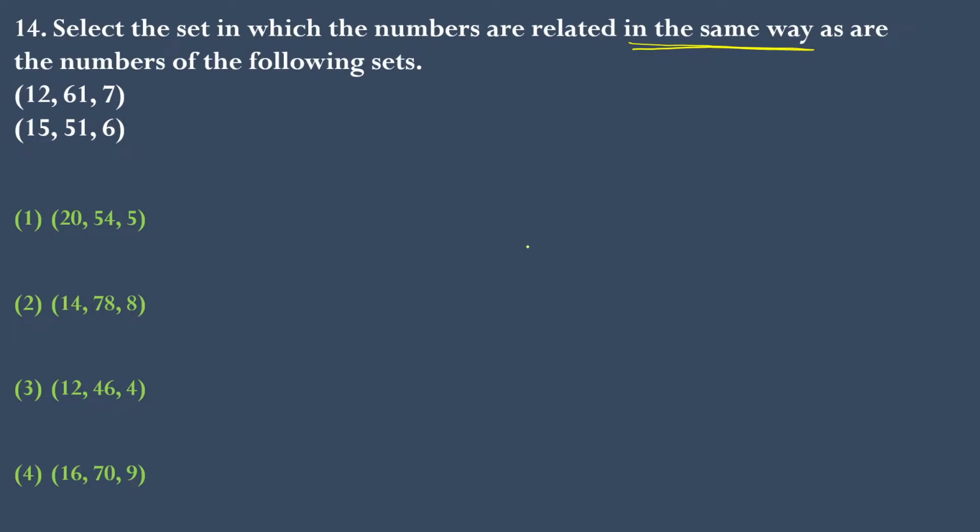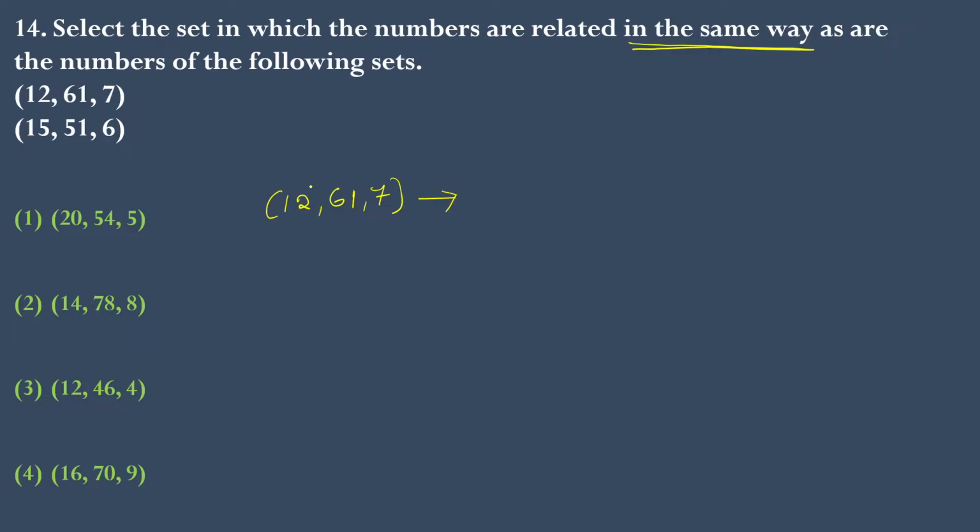So first of all, see what the logic is in the series. 12, 61, 7. If you observe, 12 into 5 is 60, and the first number is 1.